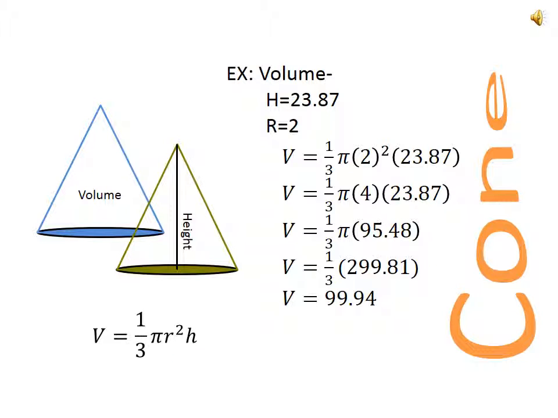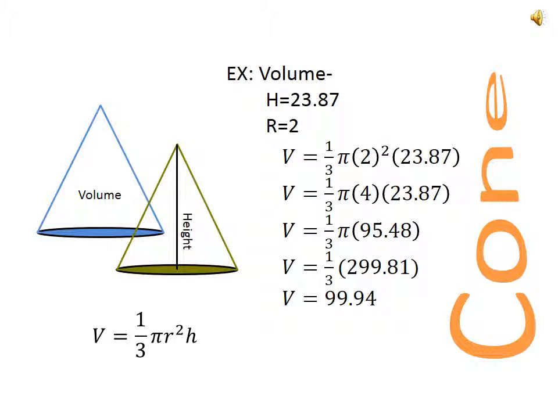Next we'll do cone. In order to find the volume of the cone, you multiply 1 over 3 times pi times r squared times h. In our example, the height of the cone is 23.87 inches and the radius is 2.